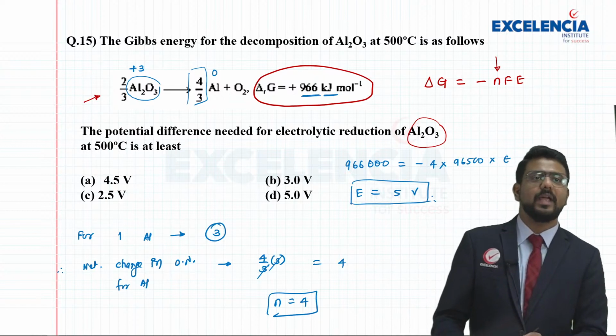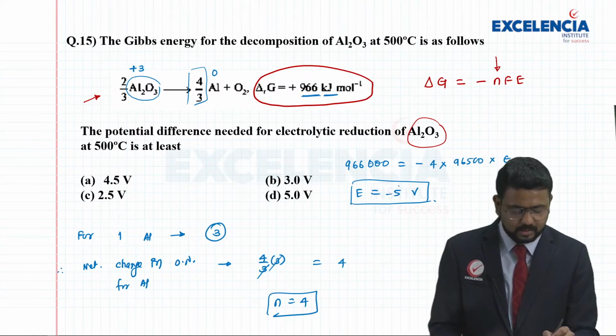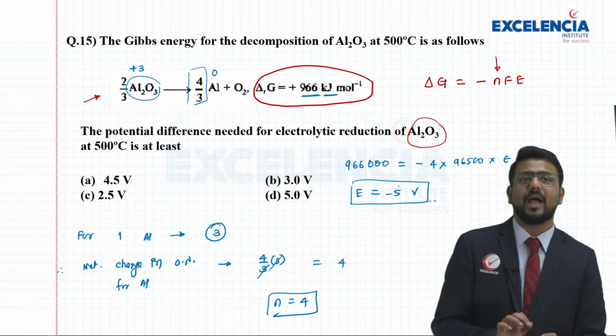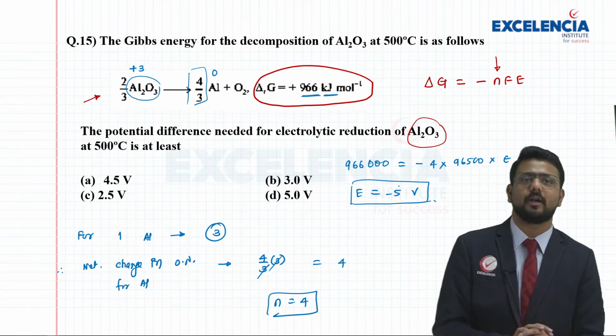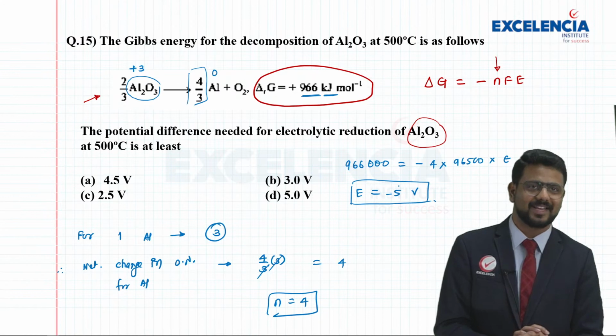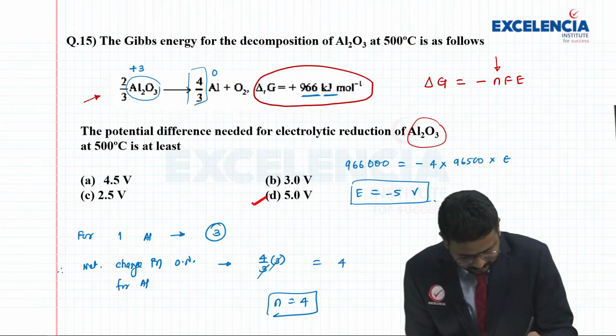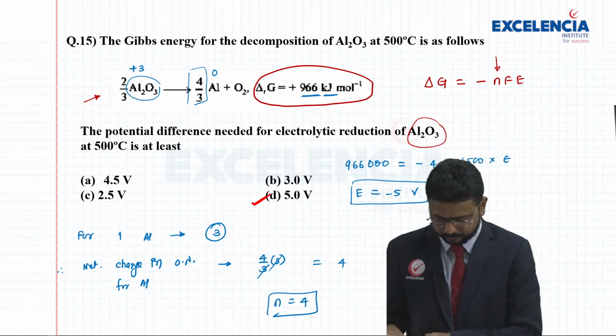So E value is coming out to be negative 5 volts as per this expression, right? So we need at least 5 volts of electricity so that this decomposition reaction will take place. So definitely here option D is your correct answer, right?